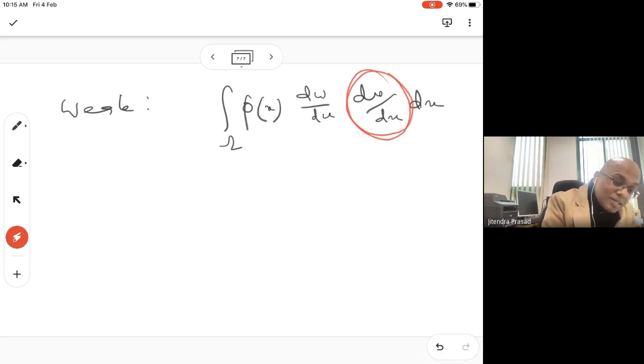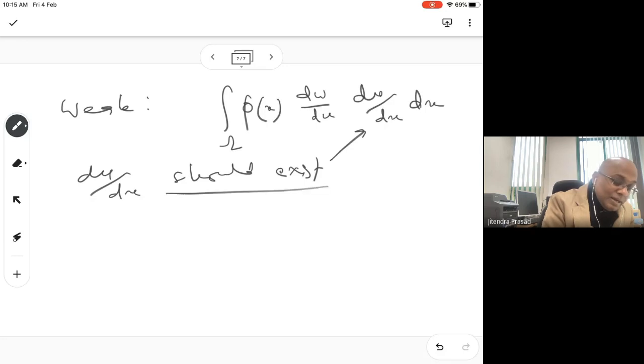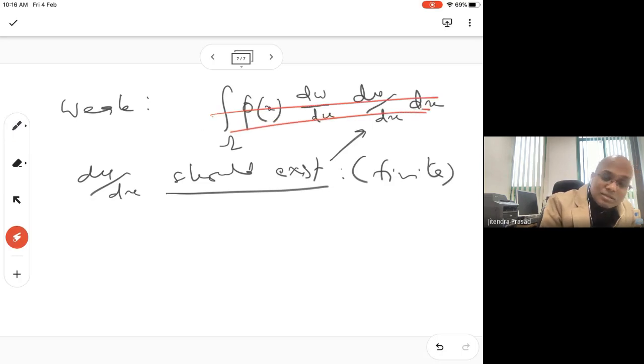This should exist and should be finite. So du over dx should exist, and should be finite as well. Otherwise you cannot do this.